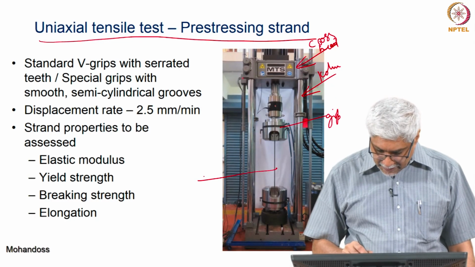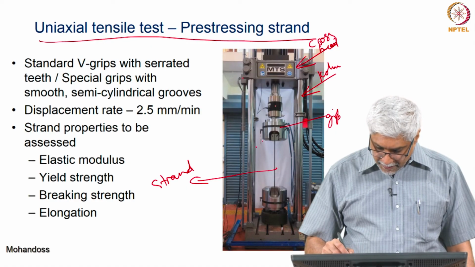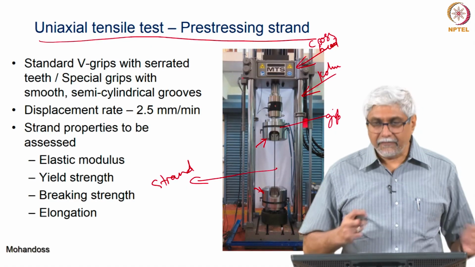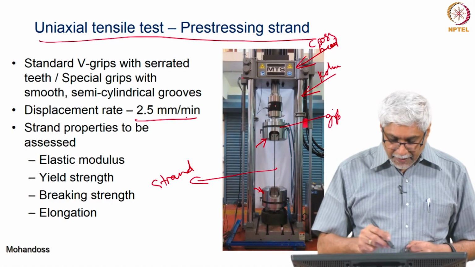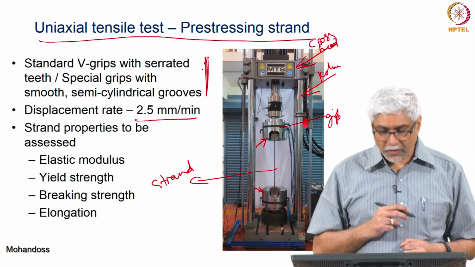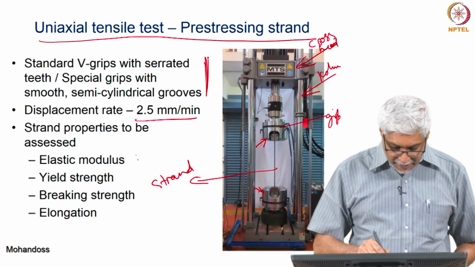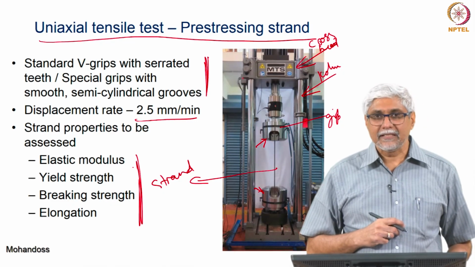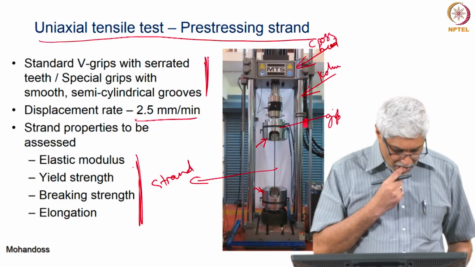This is the strand that is being tested. It is gripped here and gripped here, and then we are trying to see what the behavior is. You have to grip it properly also. You need some special grips, otherwise the strand starts to slip, and with this you will be able to get all these aspects of the response which are important.